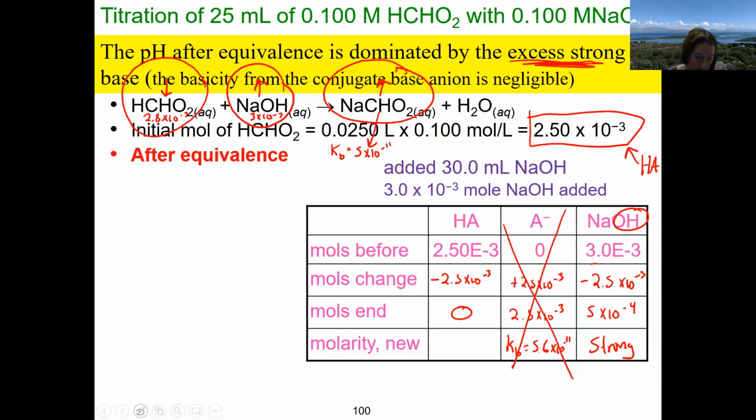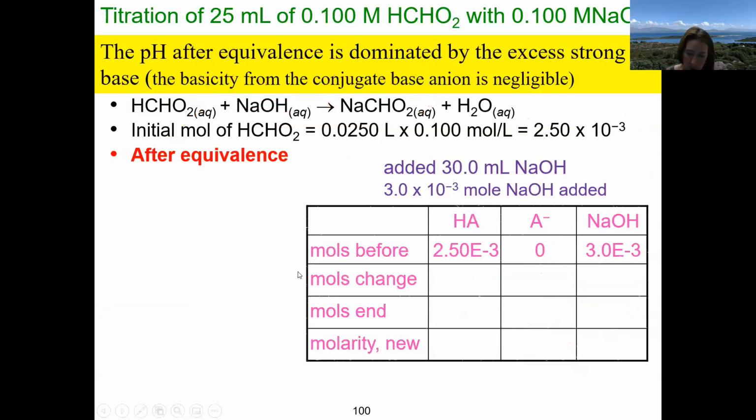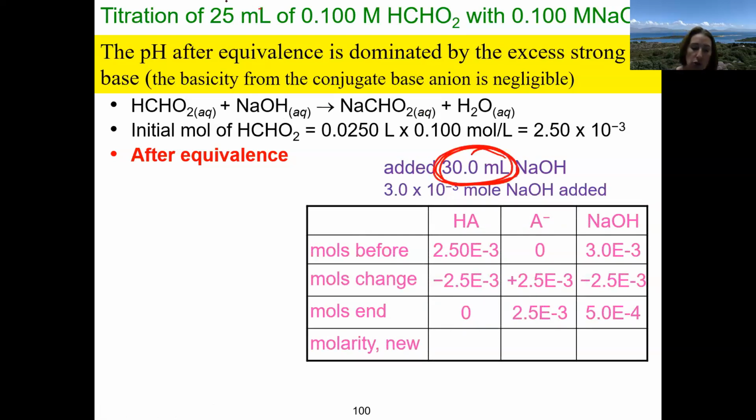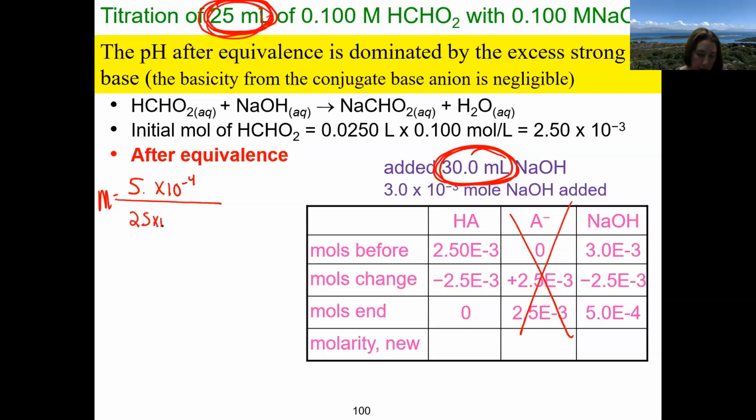But again, we have to go to molarity. We can't do it in moles. pH only works in molarity. So here's where we are. Remember, we added 30 milliliters to our 25 milliliters. I'm going to ignore the weak base because it's so weak it doesn't matter. So for my molarity, 5 times 10 to the negative 4 moles over 25 times 10 to the minus 3 liters plus 30 times 10 to the minus 3 liters.